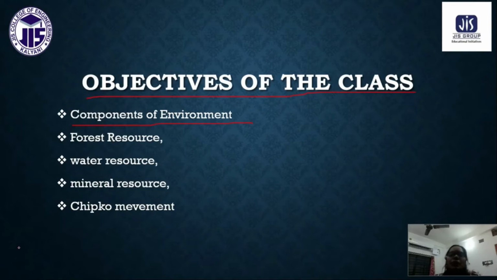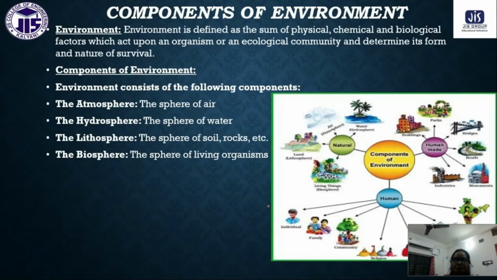Second, we will discuss some of the resources, that is our forest resources, water resources, mineral resources and the Chipko movement. And also we will discuss environmental degradation, how the environment is getting polluted and degraded day by day by our activity. Okay, so all this we will discuss in today's class.